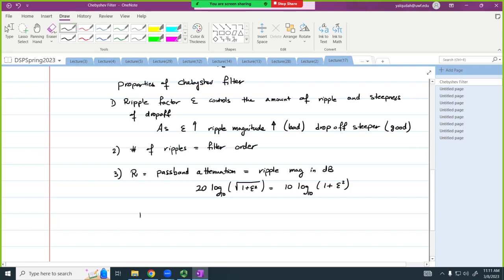So if R is equal to 1 dB, which means I have a passband attenuation of 1 dB, then I can calculate the ripple magnitude delta, which is going to equal 0.10875, and that will correspond to an epsilon equal to 0.50885.